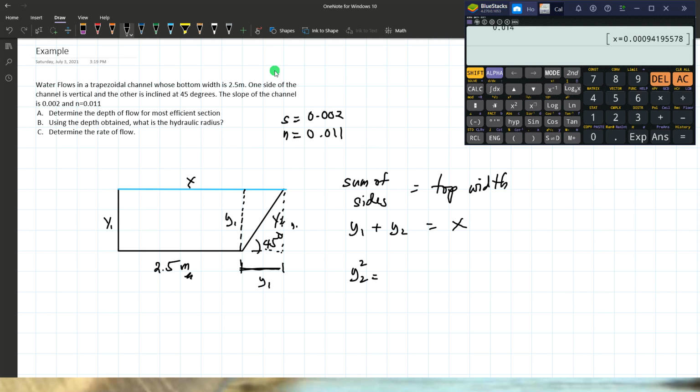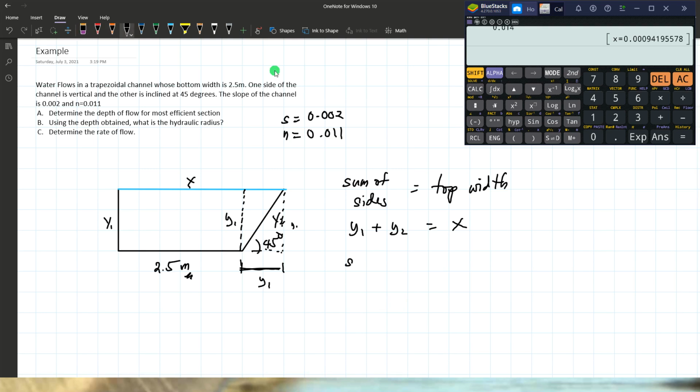Applying the Pythagorean theorem, we have y sub 1 squared plus y sub 1 squared, or 2 y sub 1 squared, equals y sub 2 squared. Take the square root of both sides, or we can also use a trigonometric function to take advantage of the given angle.